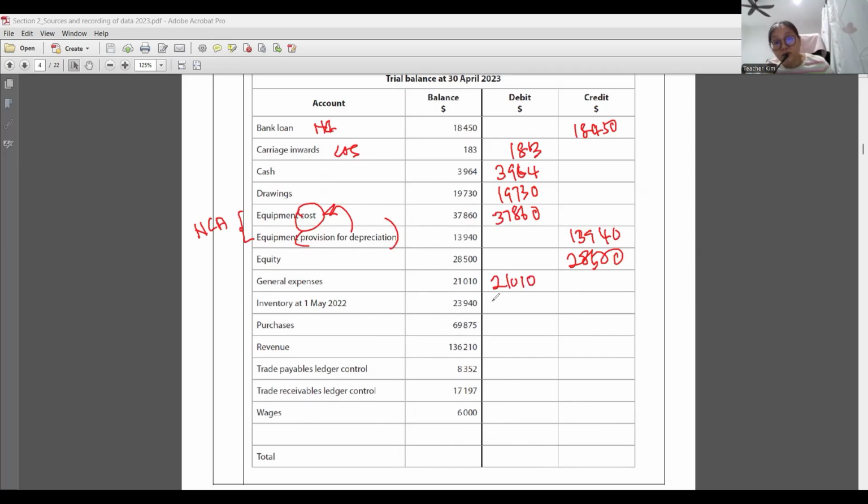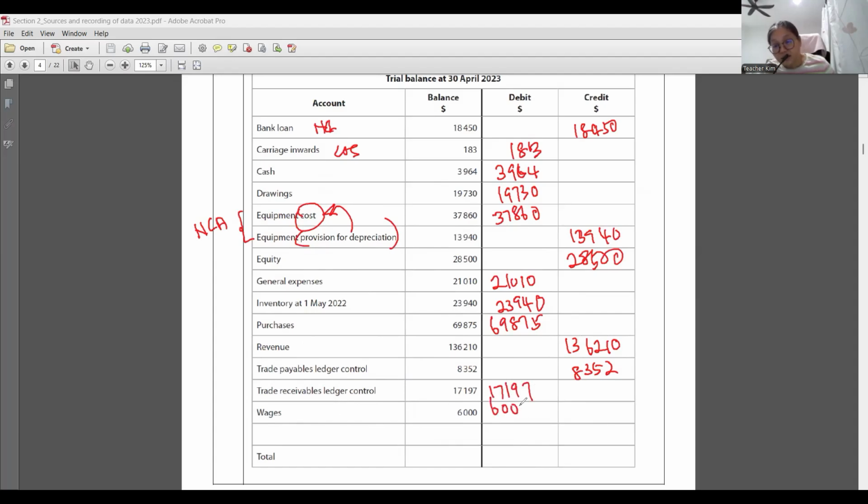Inventory, this inventory is the beginning of the year, asset. Inventory is an asset. Purchases is a cost of sales on the debit side. Revenue is a revenue, so on the credit side. Trade payable control, total trade payable, so credit. Trade receivable is a customer, is an asset.